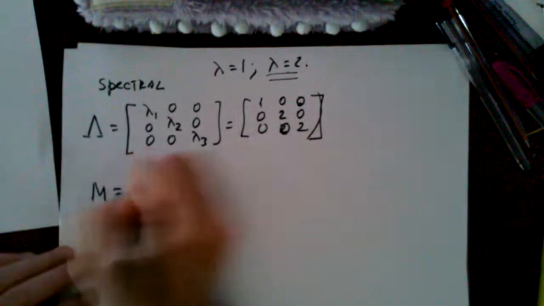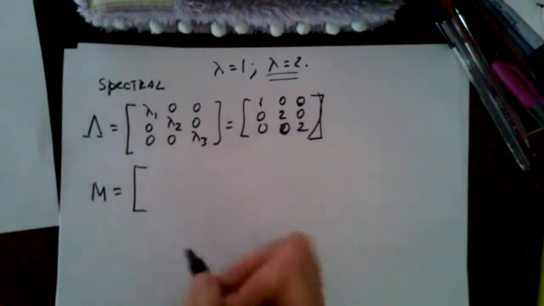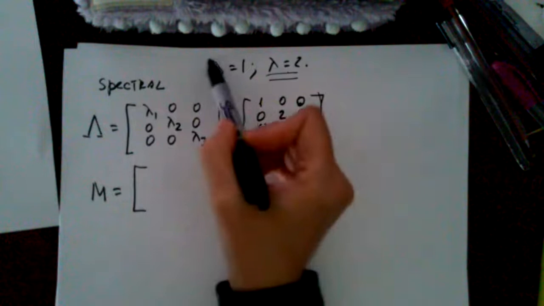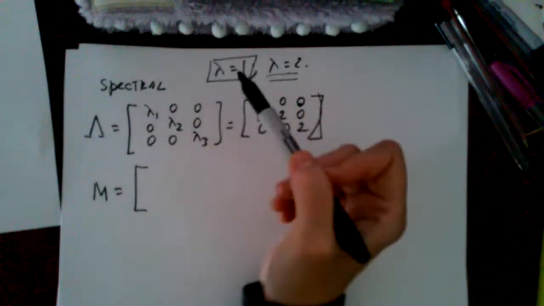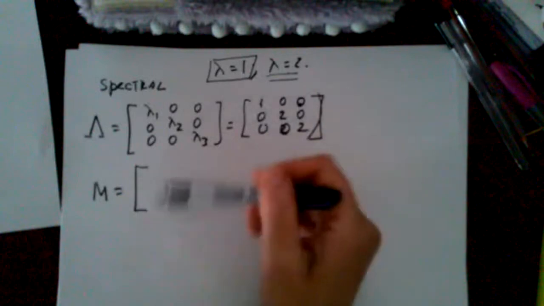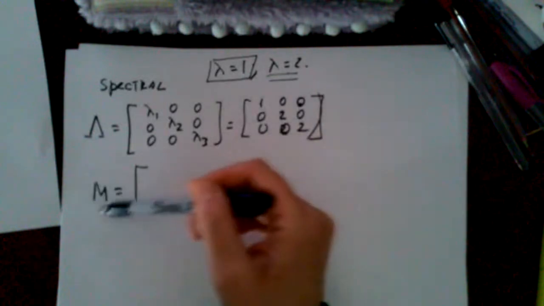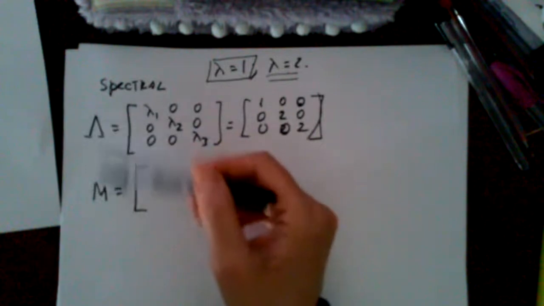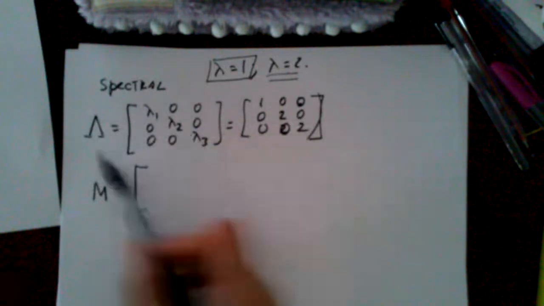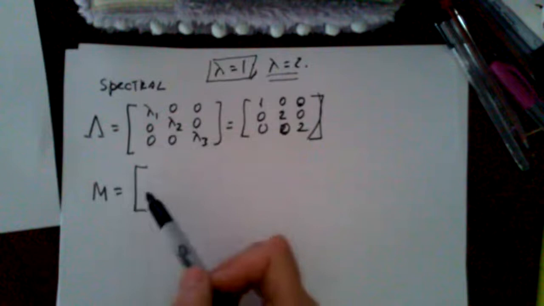Okay, how should we write modal matrices? Do you remember that for lambda equal to 1, we had eigenvector 1, 1, 1, this one. And that's how order matters. So these modal and spectral matrices are related to each other. You can't swap the columns arbitrarily.